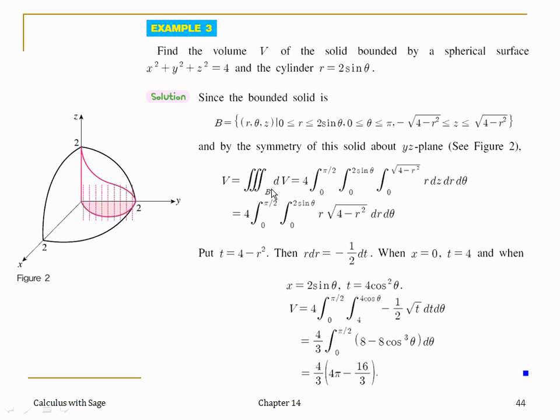Okay, so this integration can be written in this way. Here, the volume is like this. So dx dy dz becomes r dr dz d theta, and 4 times, where theta is from 0 to pi.